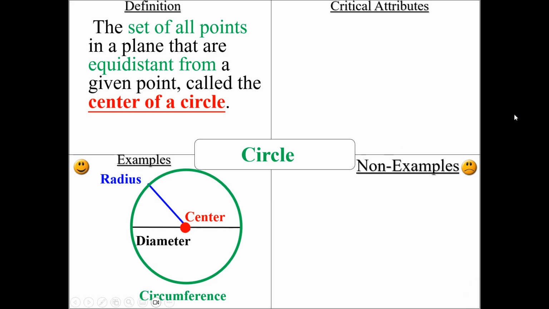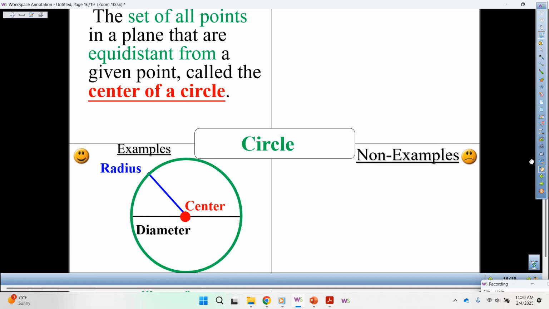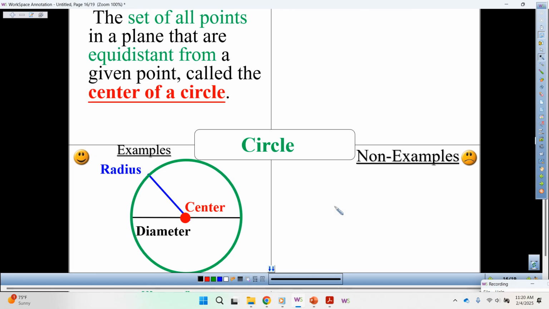So, non-examples: rectangle, triangle, oval.